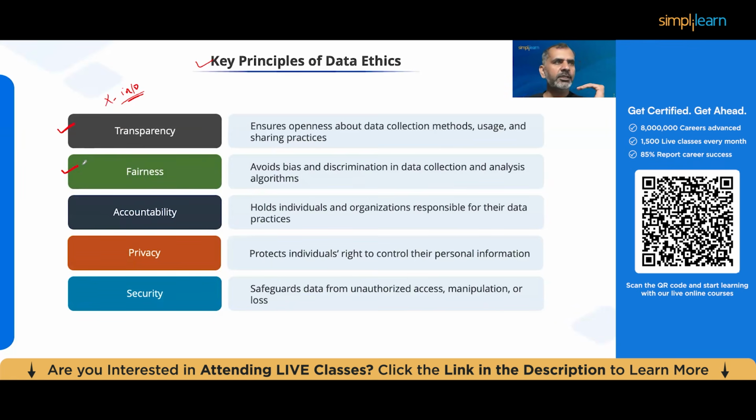Second is fairness. That means avoiding any kind of bias and discrimination in the data collection, analysis process, and algorithm. Let's suppose you want to conduct a study for customer segmentation, and you are collecting data for that. While collecting data, you need to touch upon every section of the customers.